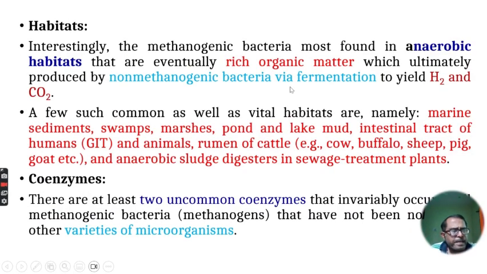So which are the common habitats where these methanogenic bacteria are found? They are found wherever there is an anaerobic habitat. The first requirement for the growth of this bacteria is the anaerobic habitat. Second requirement, that habitat must be rich in organic matter.